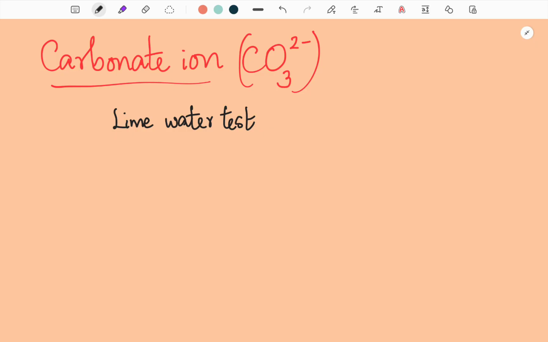Now we have to learn what is the chemistry behind the reaction. So why is lime water turning milky when you are passing the gas? Lime water is calcium hydroxide in the aqueous state, and the colorless gas from the test tube is carbon dioxide. I had mentioned that in the first part.